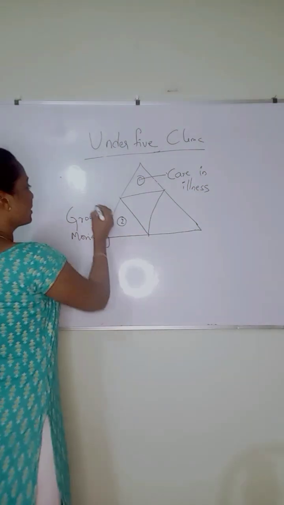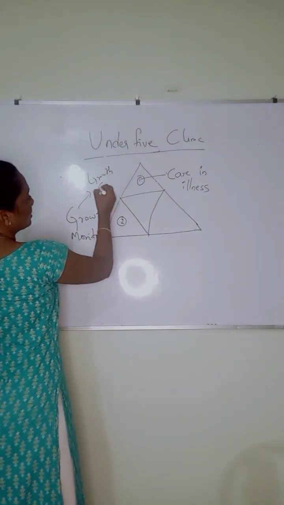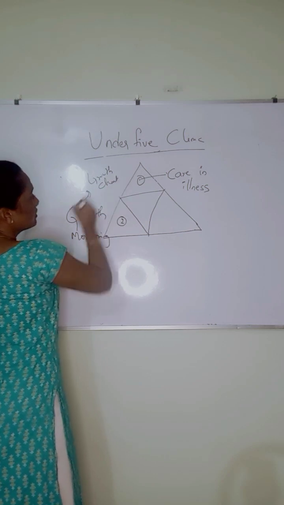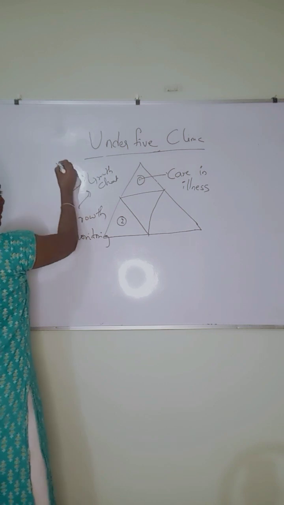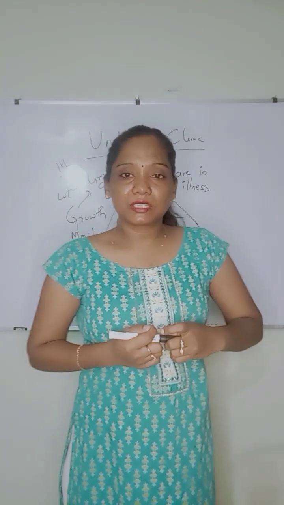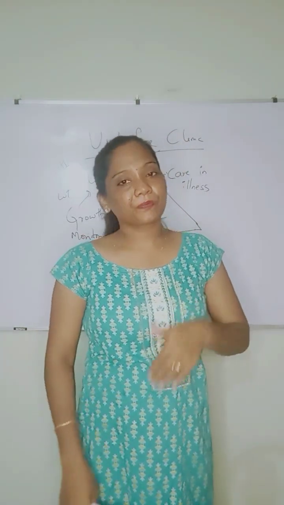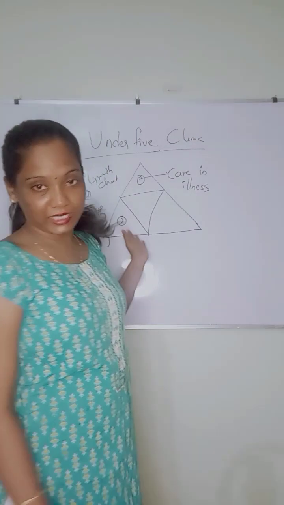Growth monitoring is maintained by a growth chart, which is another separate topic I will discuss later. It consists of height and weight, and with this we can identify whether the child has normal nutrition, undernutrition or overnutrition. That is the second concept.